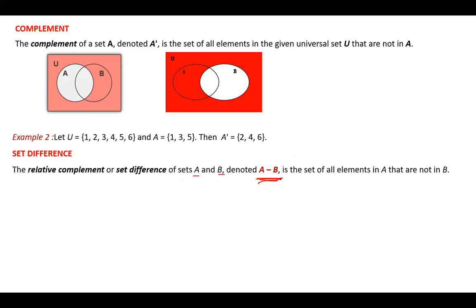So whenever you find A minus B, just know that they are simply talking about A intersection B complement. And you know what this means? It simply means that you are listing all the elements of A, excluding those that are in B.